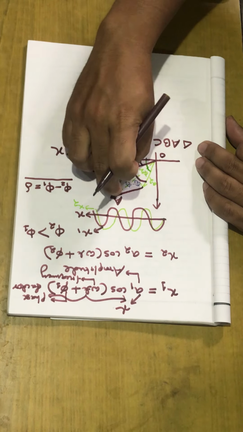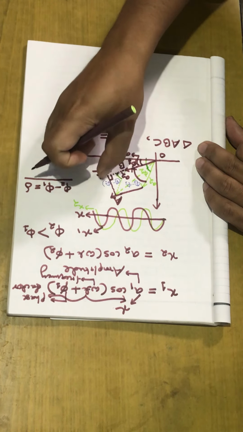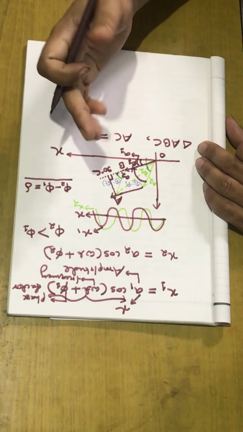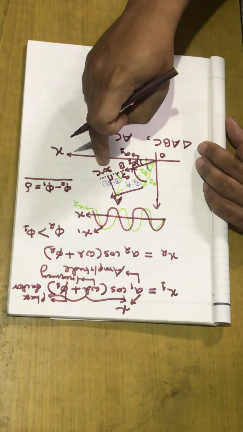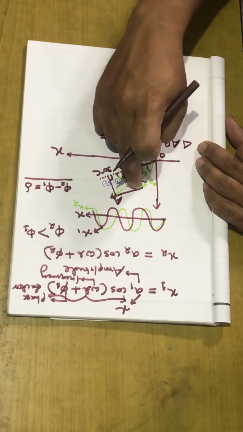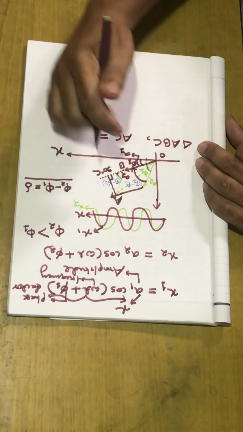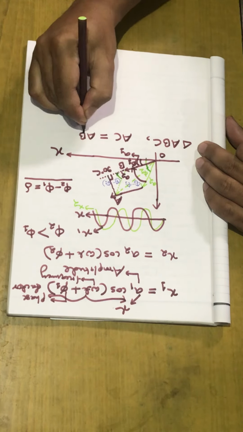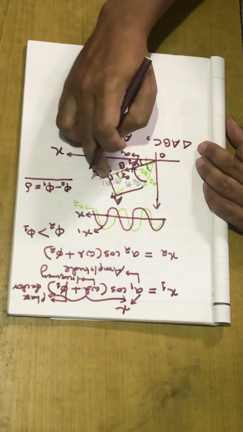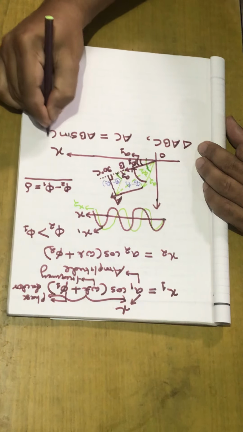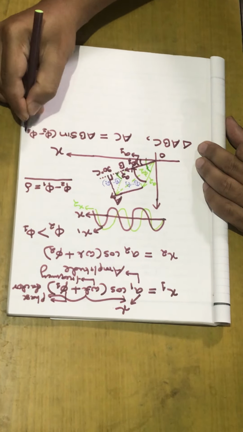This side is A2, this angle is phi 2 minus phi 1, and this angle is 90 degree. Therefore we can apply sine and cos theta. Sine theta is equal to P by H and cos theta is equal to B by H. So AC is equal to AB sine phi 2 minus phi 1.